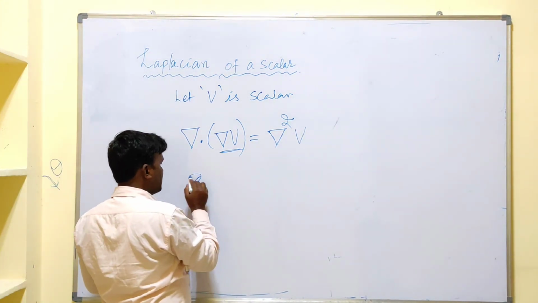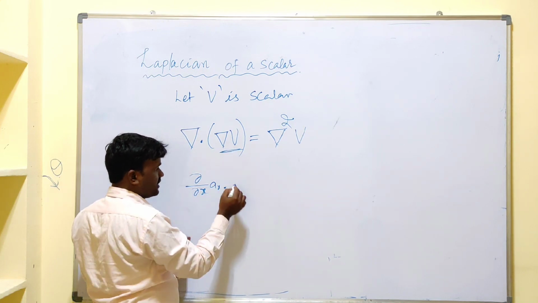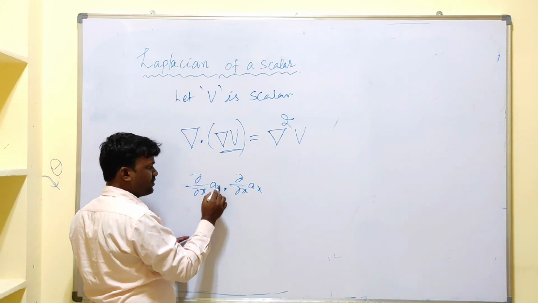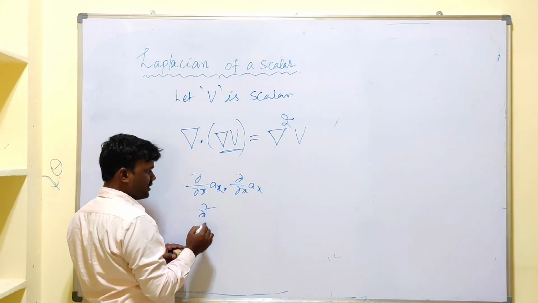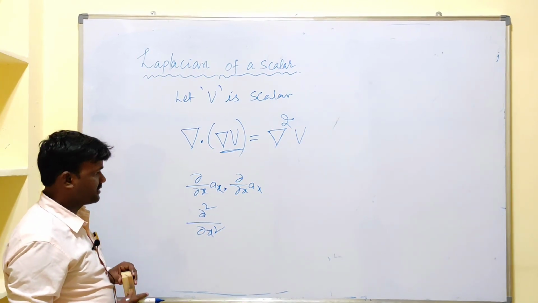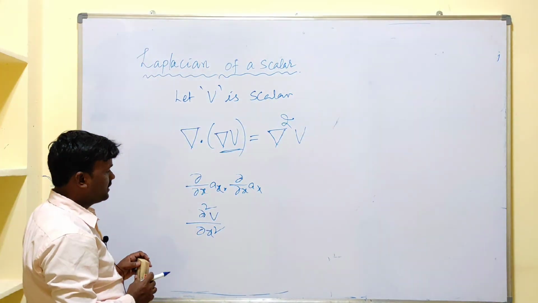Del means ∂/∂x ax for the one dimensional case, and here also ∂/∂x ax. Ax dot ax gives 1, and we get ∂²/∂x², that is ∂²V/∂x², along the x direction.